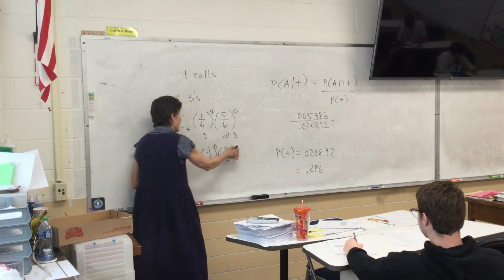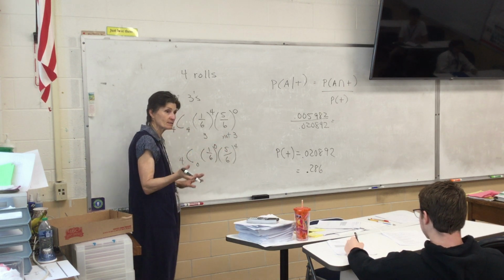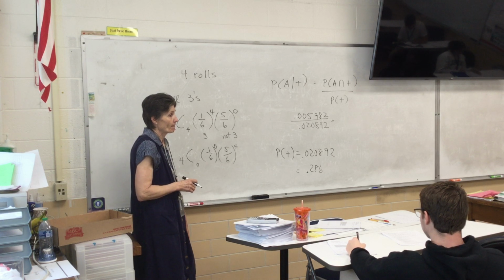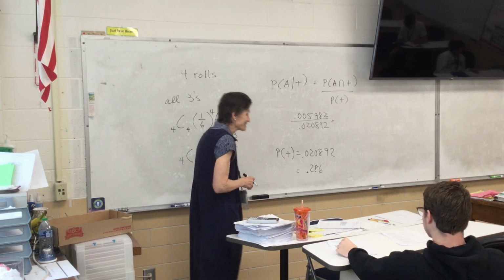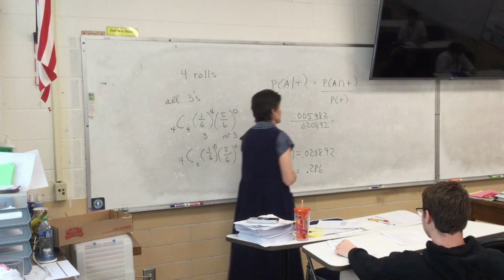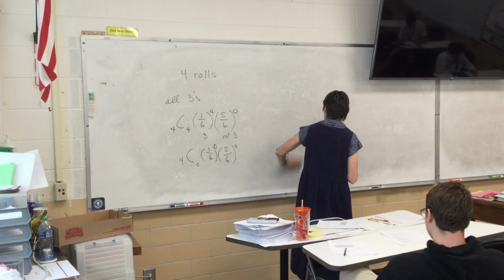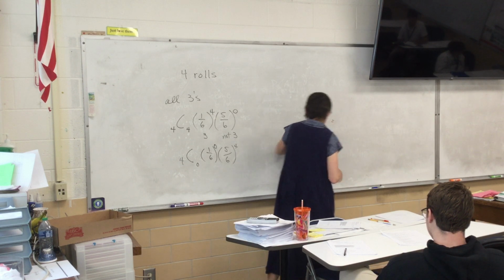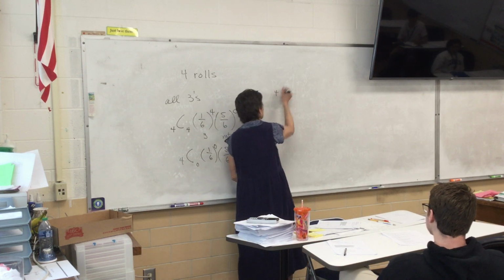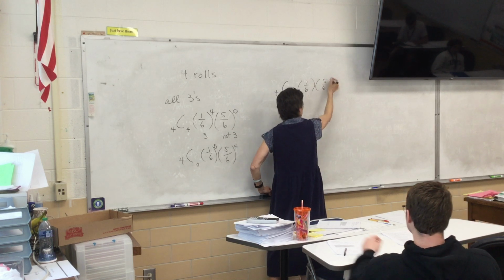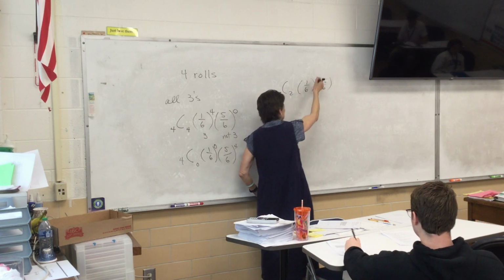No 3s and 4 other things. What about exactly 2 3s? Exactly 2 3s. What does that look like? 4C2, 1/6 and 5/6, and what will be the powers? 2 and 2.